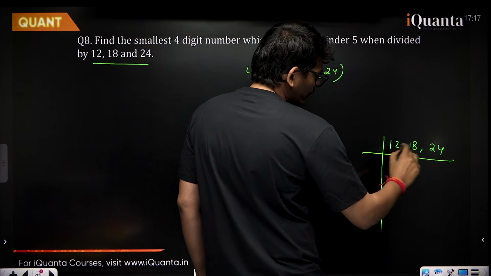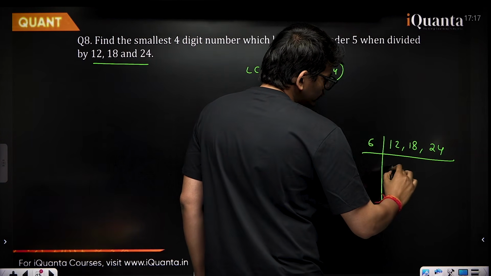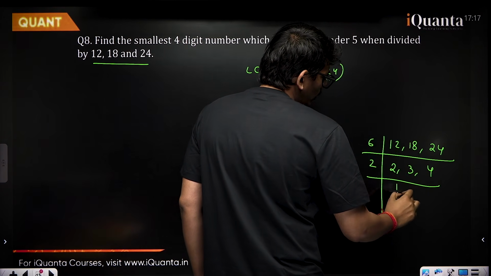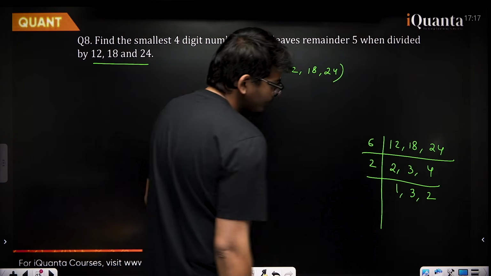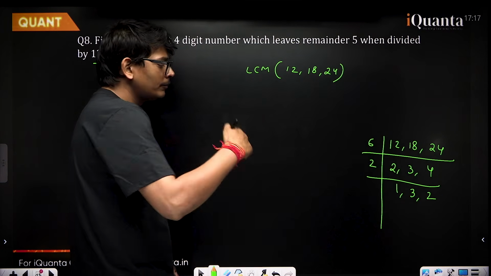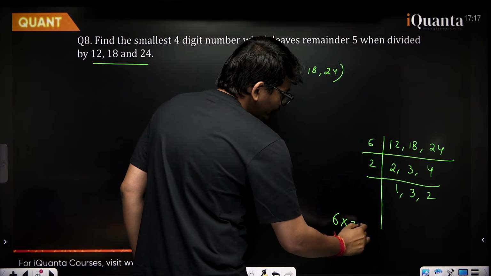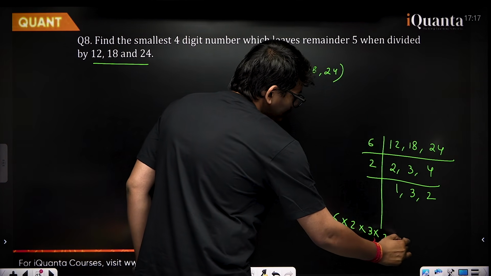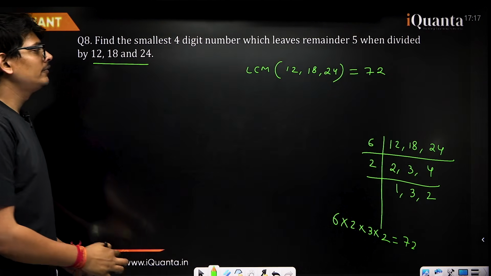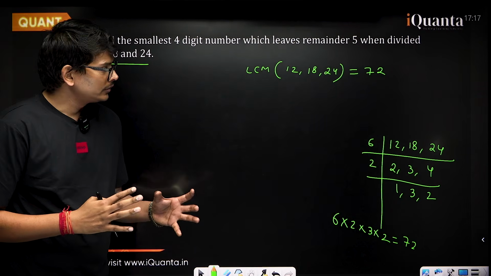First you can see 6 common. So 2, 3, 4. You can take 2 common, 1, 3, 2. Now you can clearly see there is nothing common, so we can multiply everything. 6 into 2 into 3 into 2, that is 72.